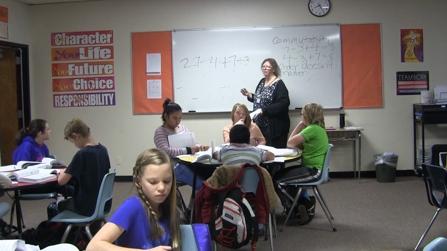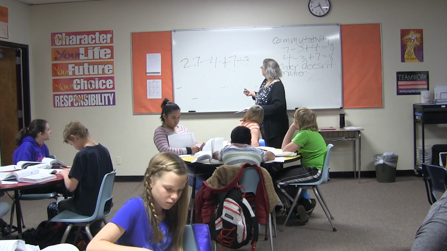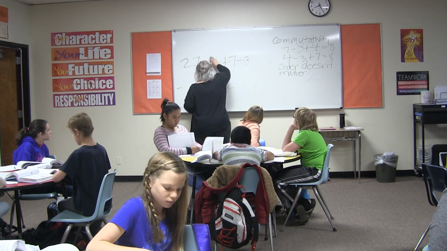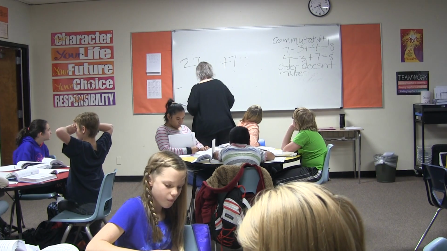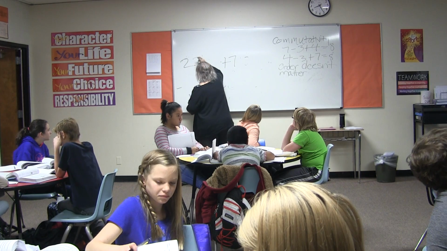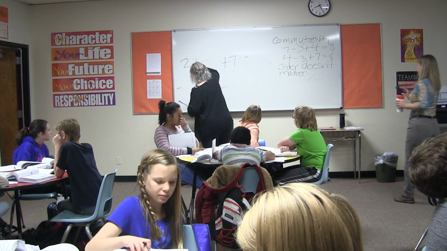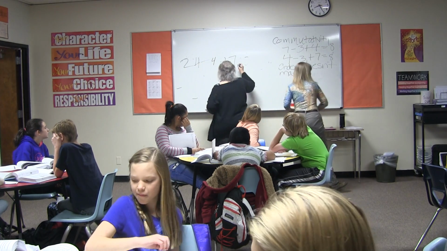Is that the order, or do I have it backwards? No, well, 24 plus 3 is 27. I cannot get my numbers right here. All right, 27 minus, okay, thank you. Plus 7.